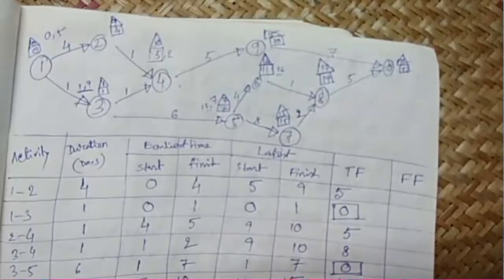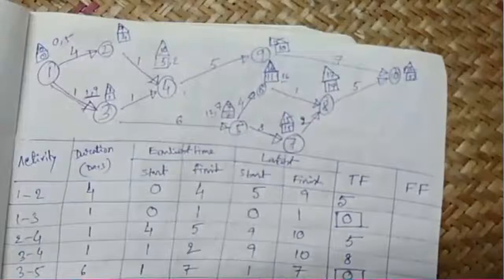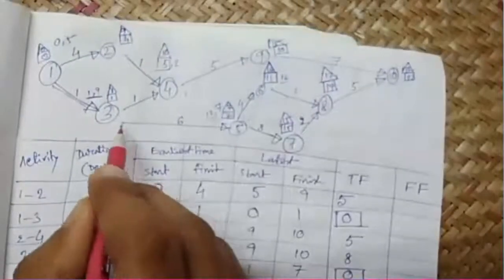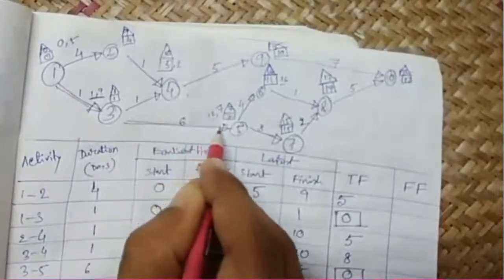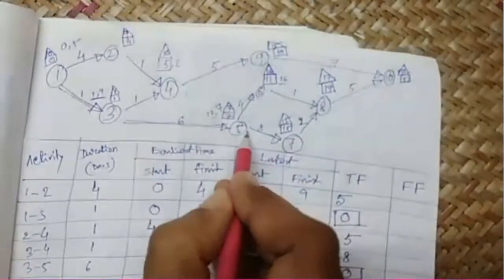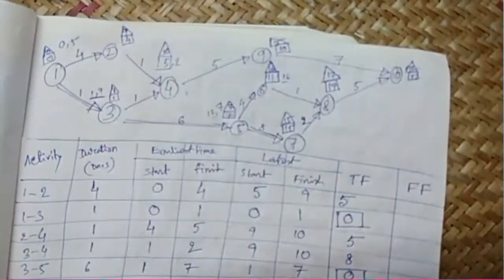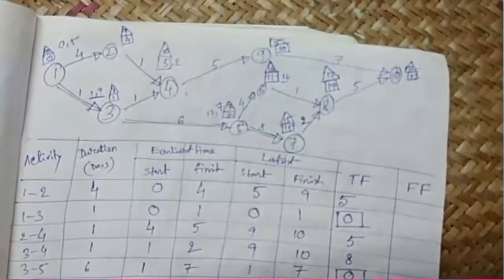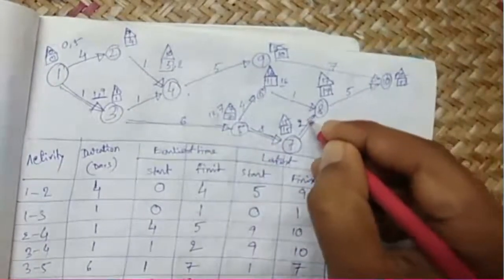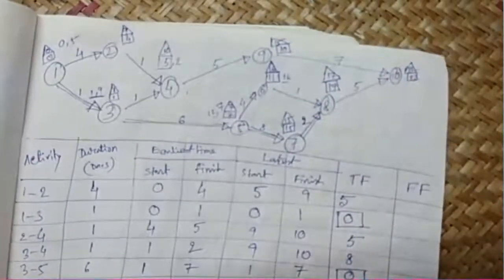So 1 3 is to be marked with a double arrow, then 3 5, then 5 7, then 7 8, then 8 10 are to be marked with double arrows.